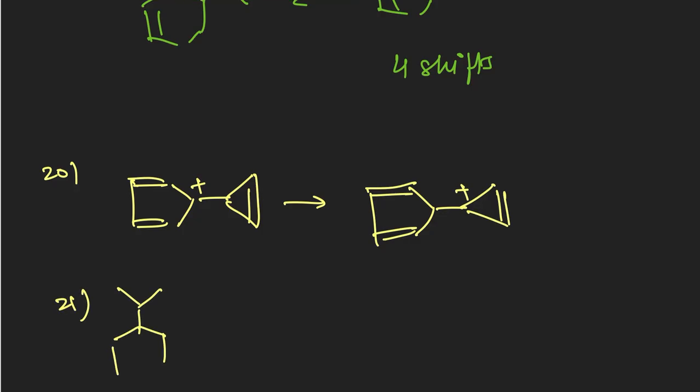Carbocation is here. Yes, it's going to shift because it is getting more number of alpha H. Here alpha, both are 3 degree, but here alpha H is 1, 2, 3, 4, 5. But here alpha H is 1, 2, 3, 4, 5, 6, 7. So yes, it will shift.